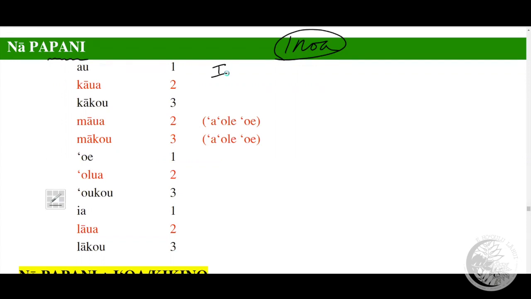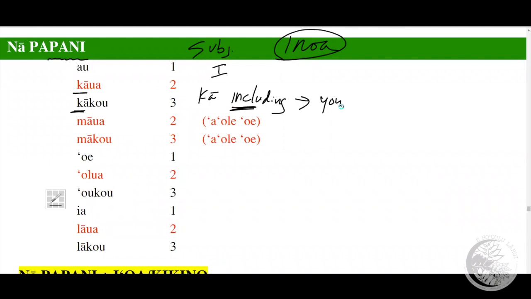So when it's a singular I in a so-called subject position, these are the words that we use. Au, which means I. Kaua, and you notice the word kaua starts off with that ka sound. You can think of that word ka meaning including. And what it includes is the person you are speaking to, the you.